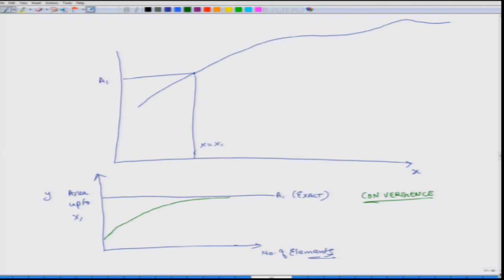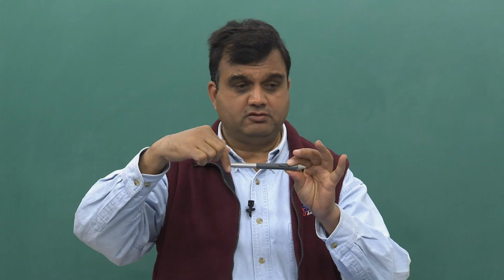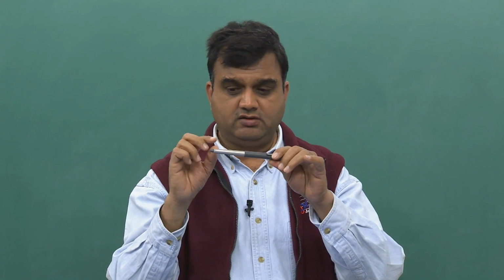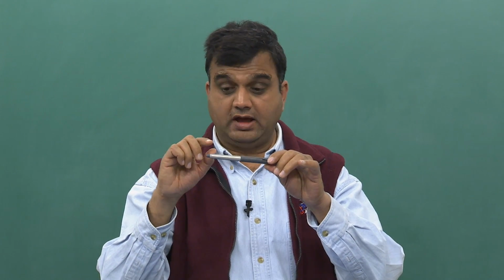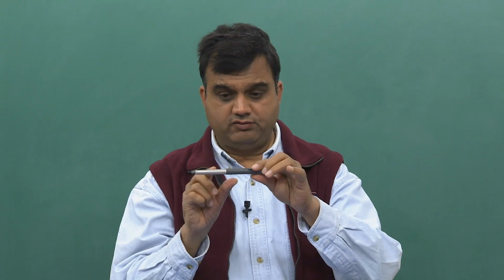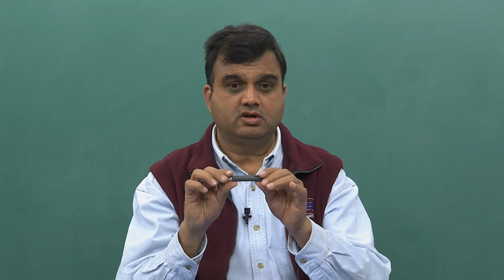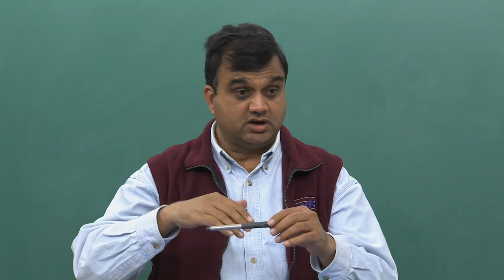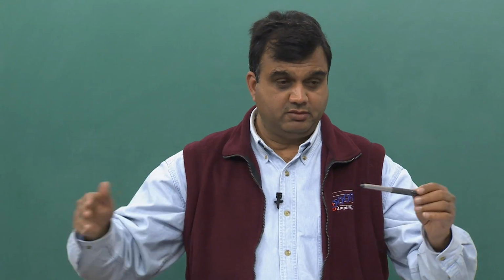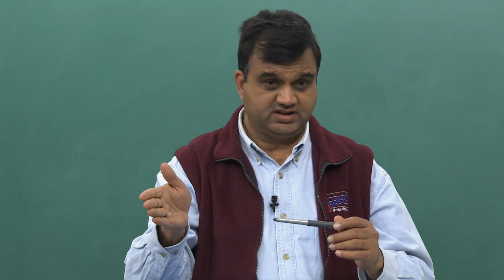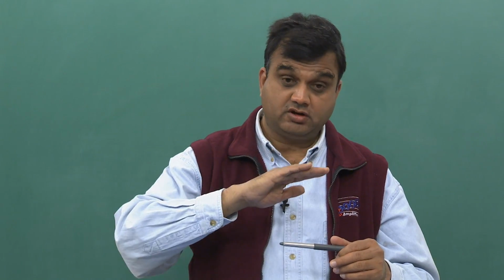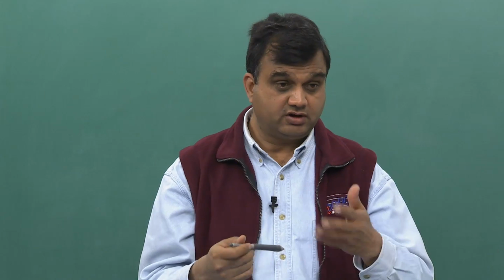If I am trying to compute displacement in a beam and I am putting a force here, if I have one element only, the beam will appear very stiff and it will deflect only a very little amount, while the real beam may deflect a lot. If I put two elements, it becomes a little more flexible and it deflects more, but it does not double. If I put 1,000,000 elements, it becomes extremely close to the exact solution, but it does not become more than that. It never crosses that line.